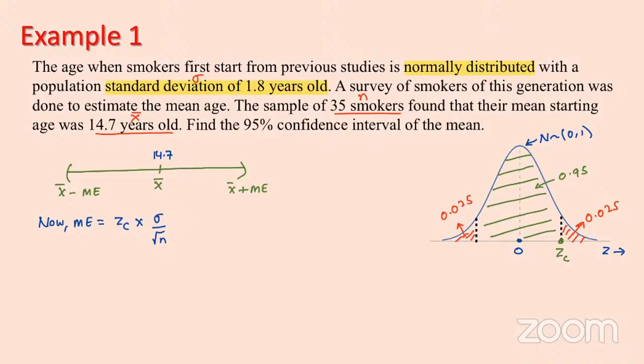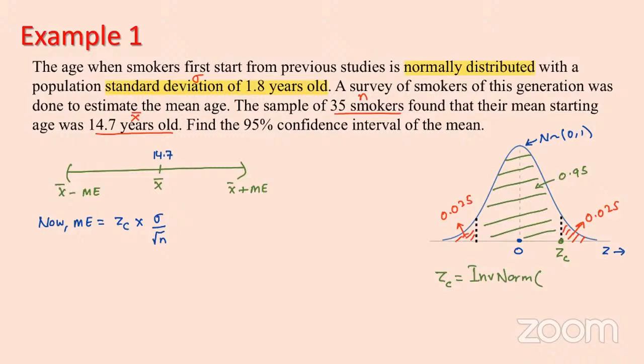So let's do that. How do we find the value along the x-axis, the Z value? Do you use normal CDF or inverse normal? Inverse normal. Okay. Then, if you remember, we need the area to the left of that, right?